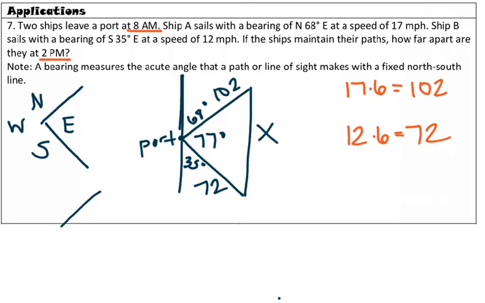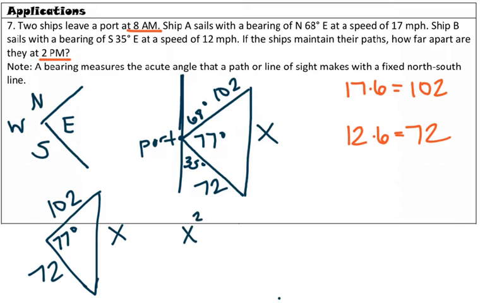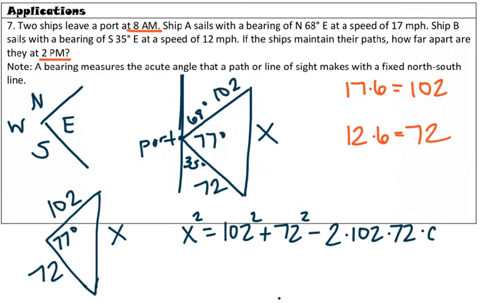Okay, so if you need to redraw the picture, you can. So this is 77 degrees. This side is 102. This side is 72. And X is what I'm trying to find. So now I can set it up like we did the previous problem. So X squared has to equal 102 squared plus 72 squared minus 2 times 102 times 72 times the cosine of 77.